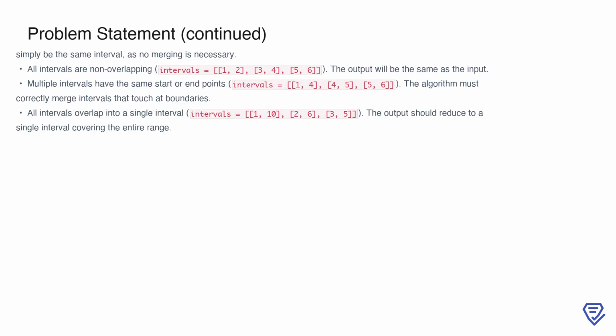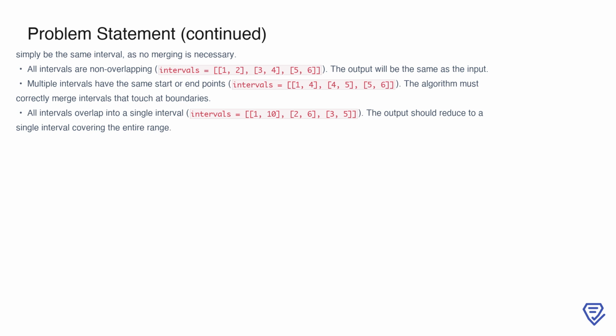There are a few important edge cases to consider. If the input contains only a single interval, like [a,b], then no merging is required, and the output should simply be the same interval. When all intervals are non-overlapping, such as [1,2], [3,4], [5,6], the output should also remain unchanged. Another scenario involves intervals that touch at their boundaries, like [1,4], [4,5], [5,6].